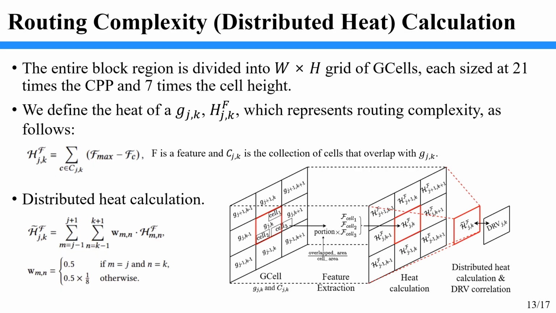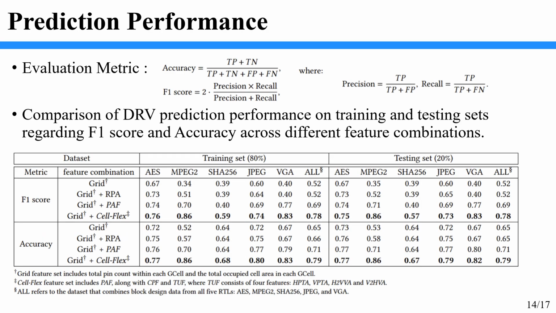We treated routing complexity as heat and applied a distributed heat method to compute the propagated complexity to other G-cells. In our heat formulation, we subtract each feature value from the maximum feature value, establishing an inverse relationship between the feature and complexity. And we selected accuracy and F1 score as our evaluation metrics.